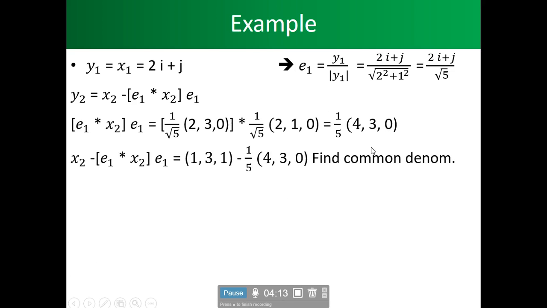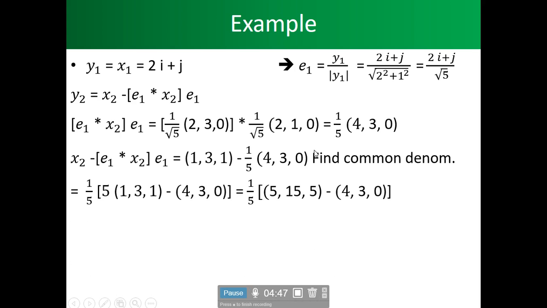So now what do we want to do? Since we did what's in the parentheses and multiplied it times the other E1, now we take this amount and subtract it from x2. To do that, we have to find a common denominator. The common denominator is 5. So you multiply your first one by 5 over 5 because the second one has it.